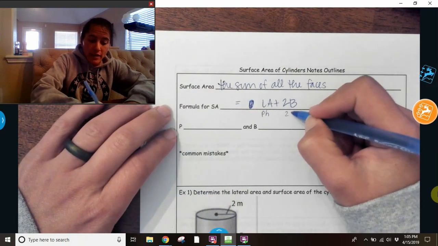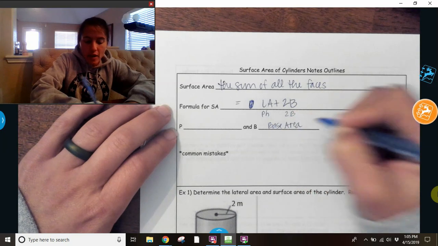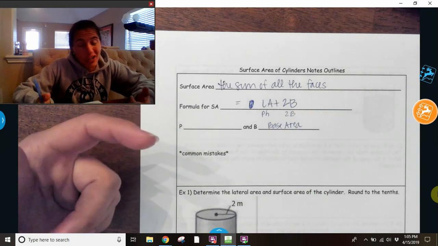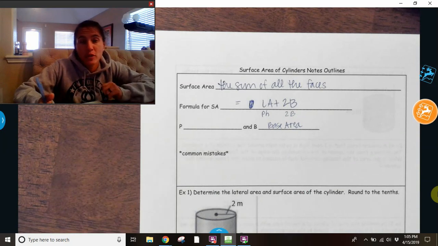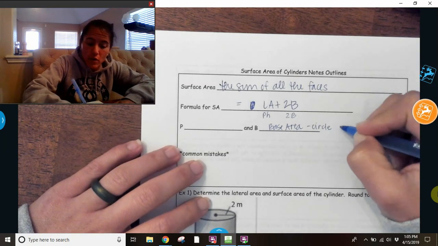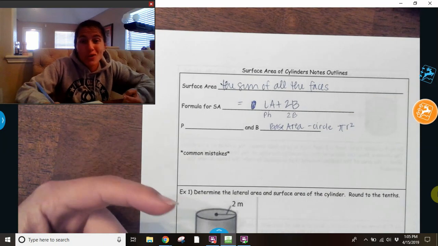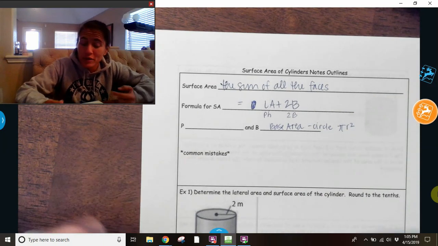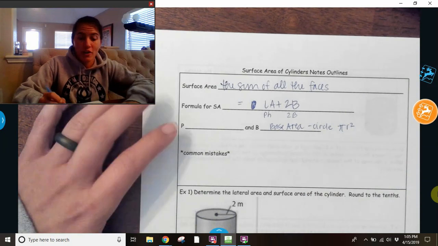And then the two bases, the base area. In prisms, the base area could have been a rectangle or a triangle for our purposes. We did rectangular prisms and triangular prisms. For a cylinder, the base area is a circle, and the area of a circle is pi r squared. We've used pi r squared in volume formulas, and I assigned a review on area of circles.